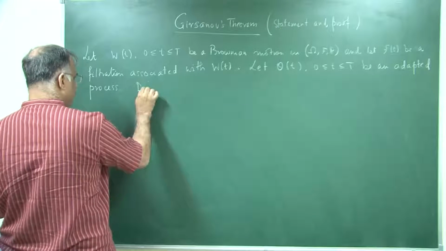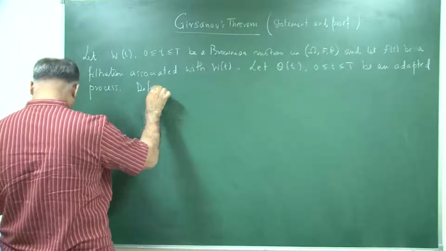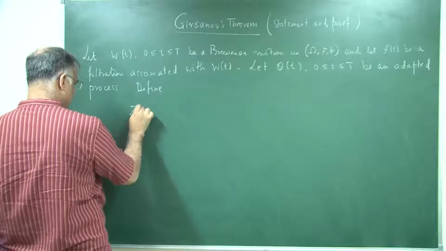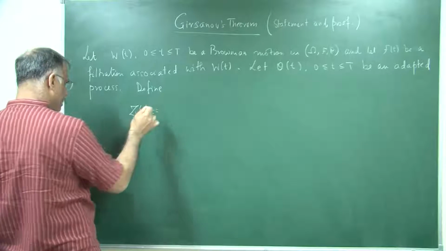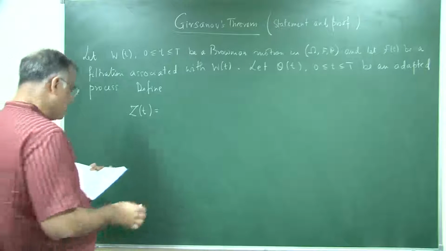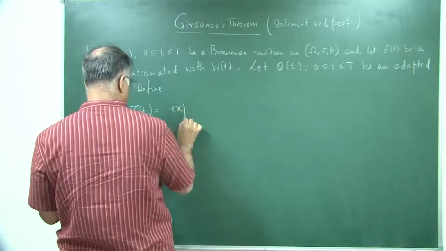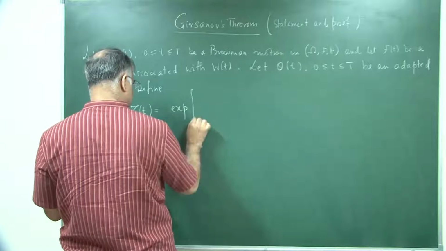So, we define Zt, a new process given as follows: exponential.